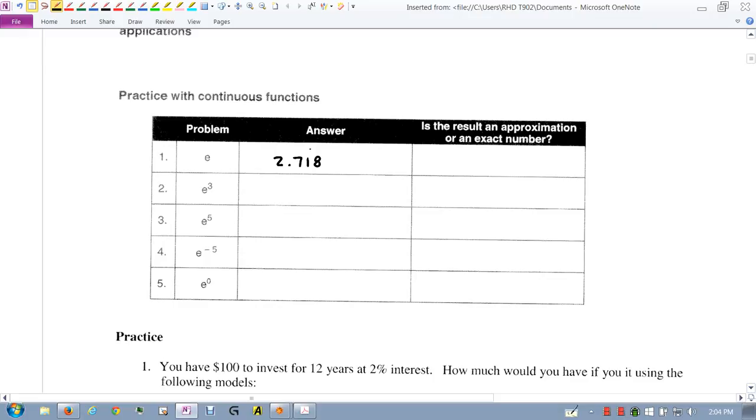Okay. Let me see your calculator first. All these calculators are different. So go ahead and bring up what you just had. You had e, and since it's just e, I want e to the first power. So put 1 and then close the parentheses, hit enter. There you go. Who else needs help? E to the first power?